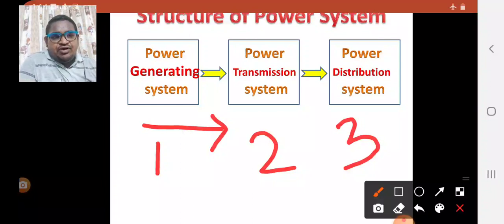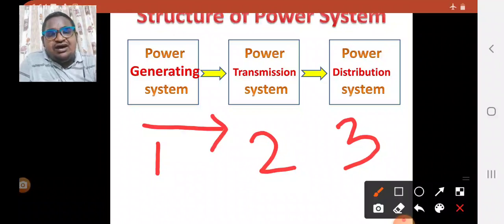Now let me explain what is present in power generation. In the case of generation, we have the generators. The generators will generate the power, and then that power has to be stepped up in terms of voltage. Why does electric power have to be transmitted at a high voltage level? Because power is the combination of voltage and current. What are the power losses?